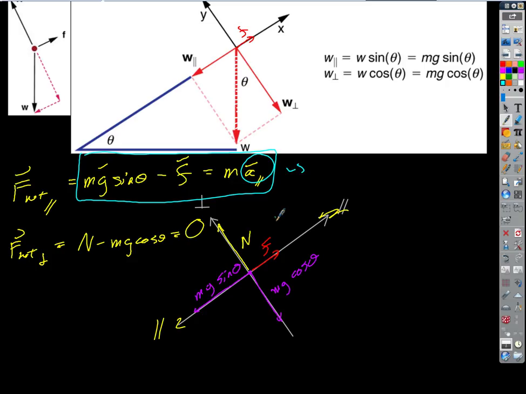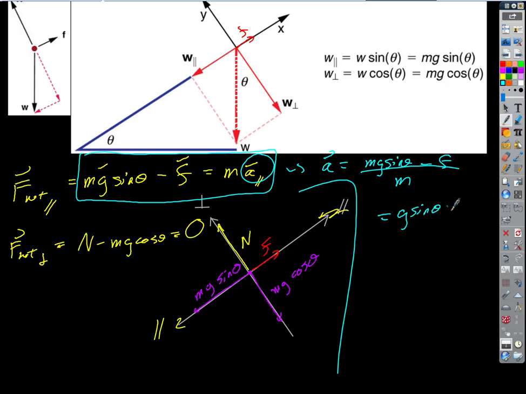So I'm going to get a equals mg sine theta minus friction over m. So if I want to split terms, I just get g sine theta minus friction over m, right?